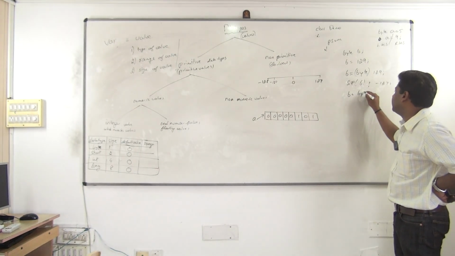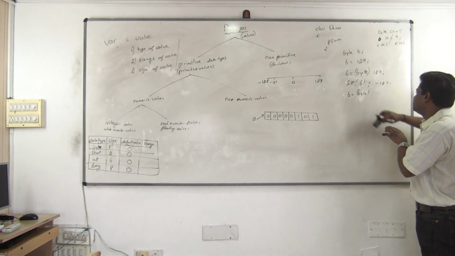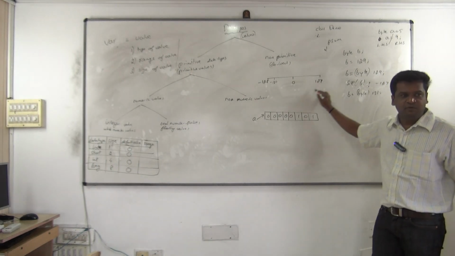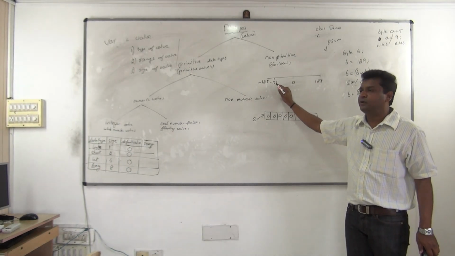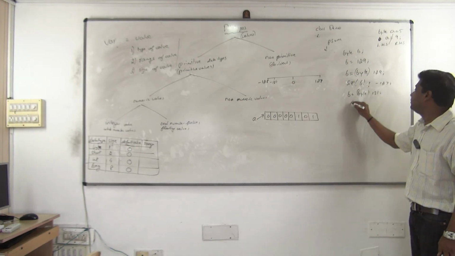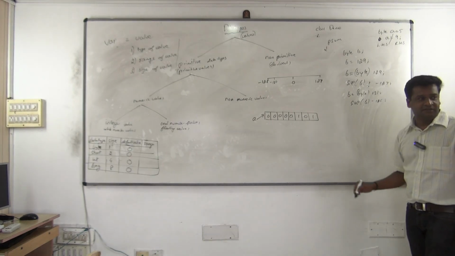B is equal to byte of 135 or 131, I'll take, simple. What happens that time? 127 this side, then it starts moving: minus 128, 127, 126, 125. So SOP B will be something like minus 125. Like this it goes on.